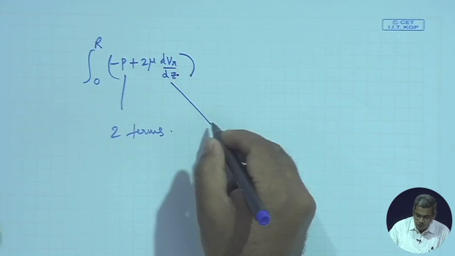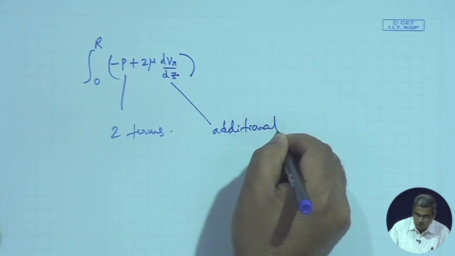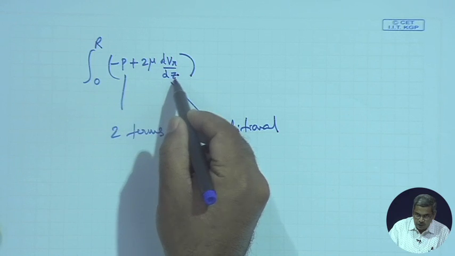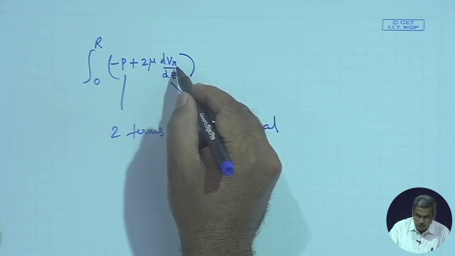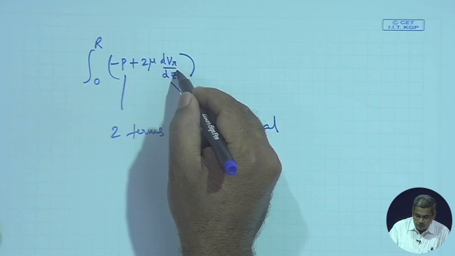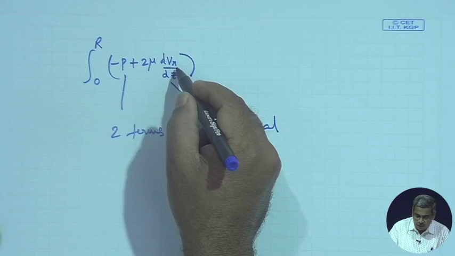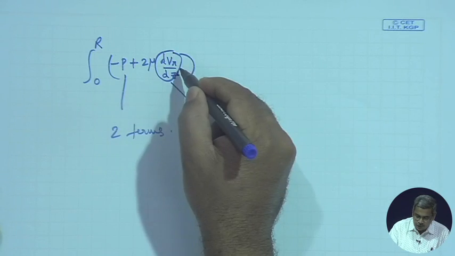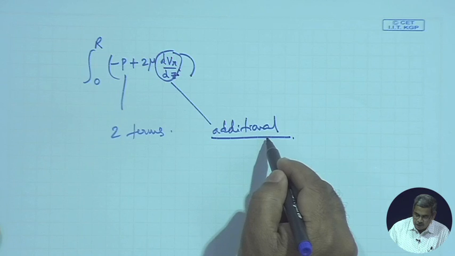From here we get an additional term. This normal stress component should be, I think, dVr by dz, or this one has to be checked. Okay. So, correspondingly we get the additional component.